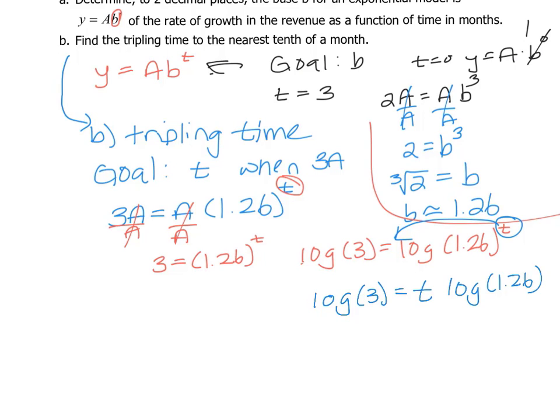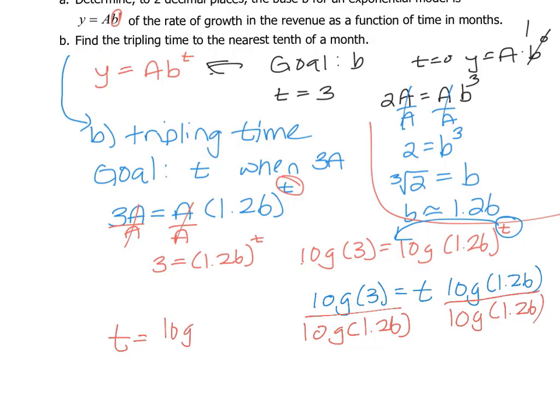All I need to do is get rid of this log of 1.26, so I'm going to divide it out. So I have t is log of 3 divided by log of 1.26, and the estimate for that is approximately 4.8 months. So it's 4.8, and then because t is in months, it's going to be months.